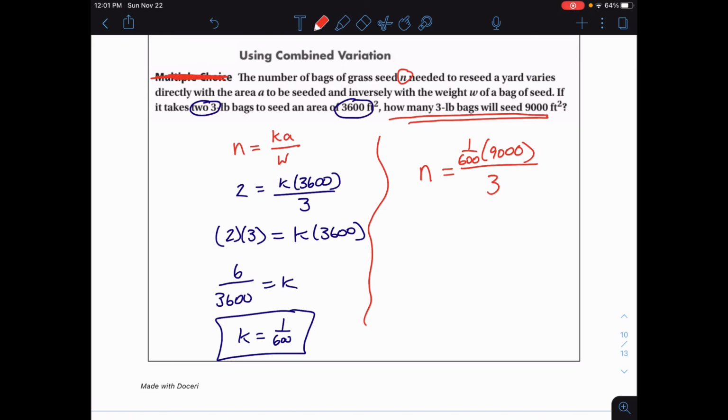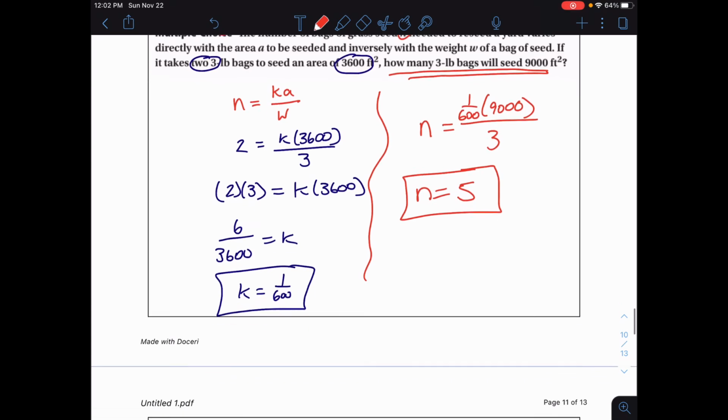So we can take 9,000 divided by 600, and then divide by 3. And so in this case, n should equal 5. So we're going to need 5 3-pound bags of seed to seed 9,000 square feet.